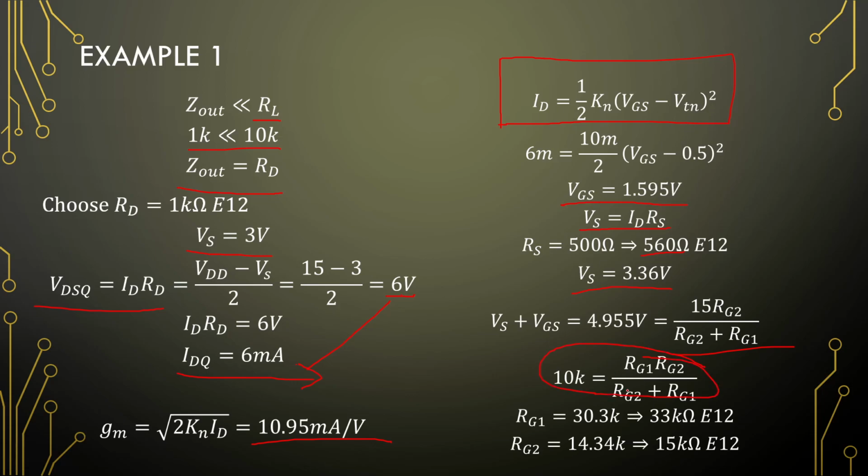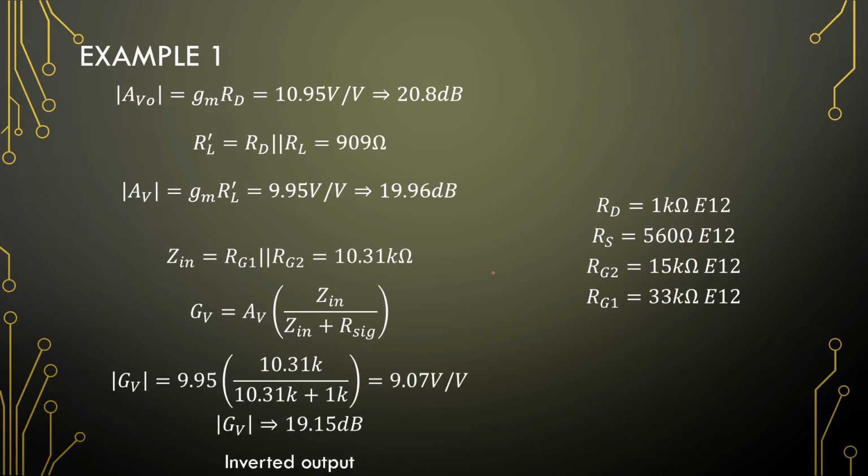And we can take our parallel combination as well, and then we have two equations we solve simultaneously, and we get a 15k and a 53k resistor. So analyzing our amplifier quickly, our gain would be 10.95 volts per volt. That's our maximum gain. If we calculate our load prime, it's RD parallel to our load.